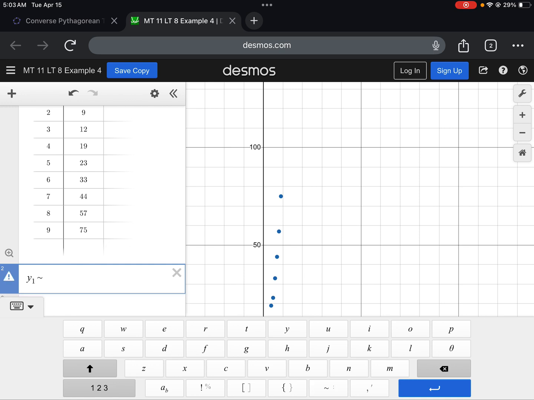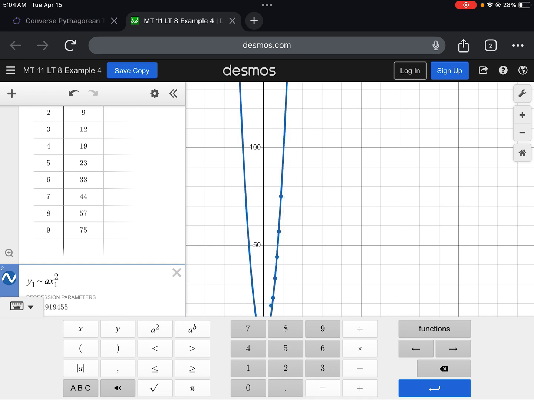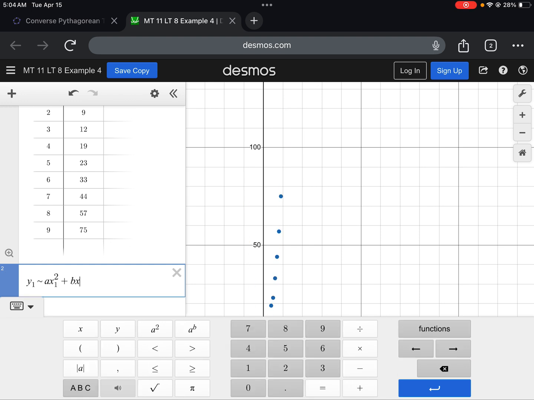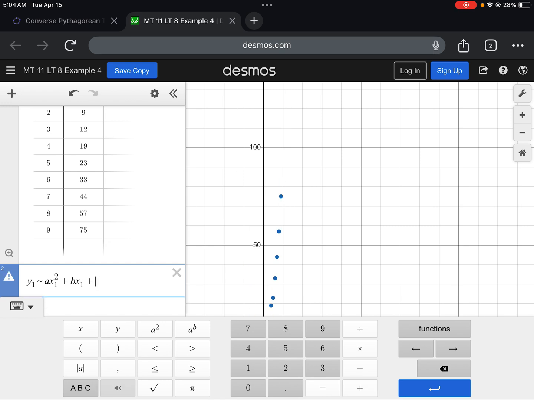And then the formula for quadratic is ax squared, so I'll go a, and then I'll go x1 squared. Oh, there's my parabola, isn't it? Plus b, x1, plus c.